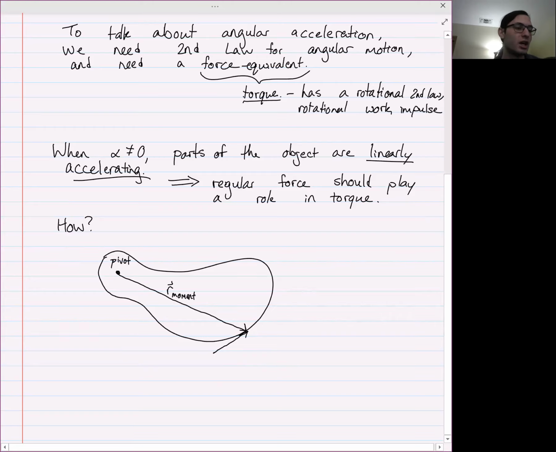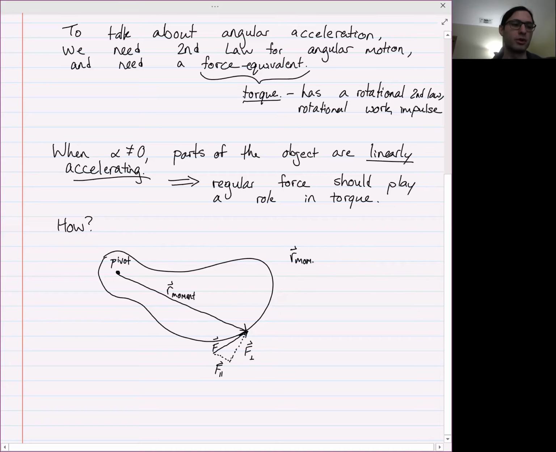Now, often we'll just drop the subscript moment, but for now I'm leaving it there because it'll be helpful. Now, this force F can be decomposed like we normally do. It can be decomposed into a part that's perpendicular to r moment and a part that's parallel to r moment. So I'm going to call this segment of the force F parallel and this segment of the force F perpendicular. So let me just give some explanations here.